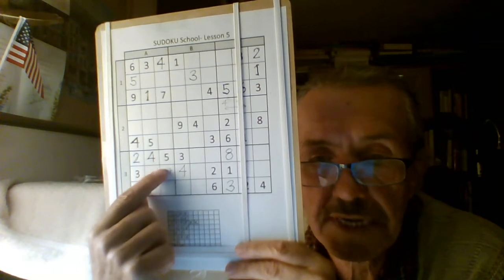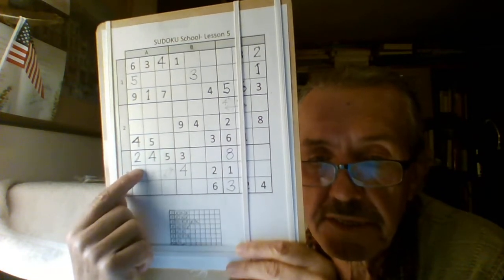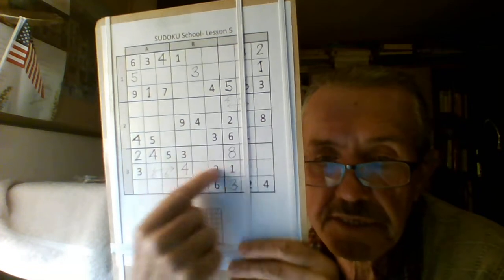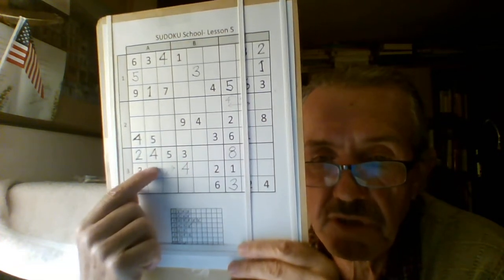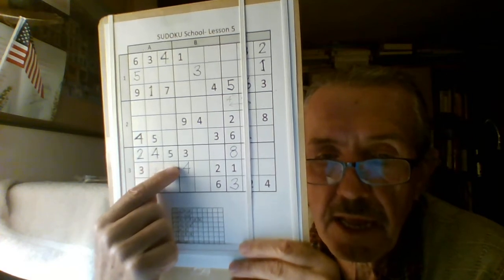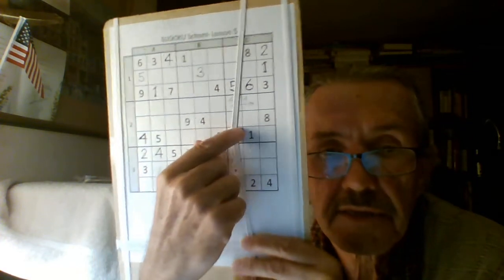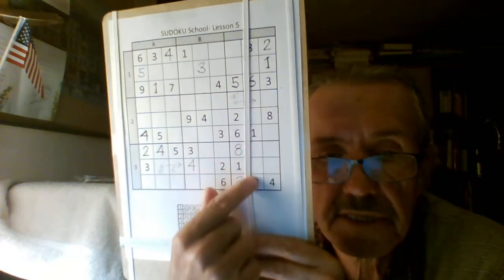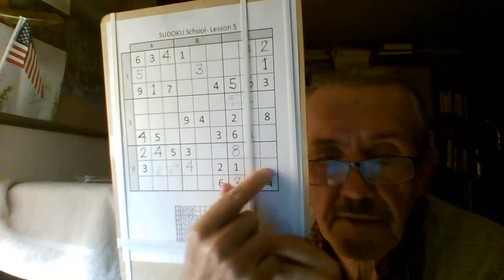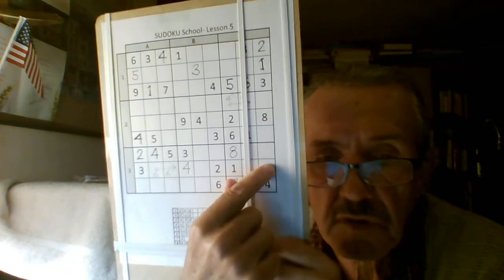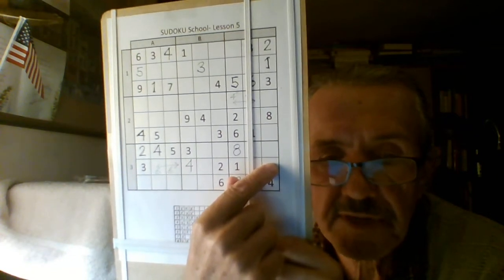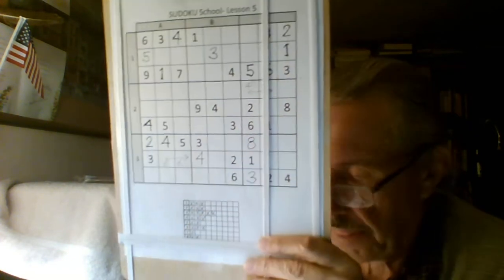We don't know right now which one, but in this row 6 will exist, and 6 already exists in this column. So the one available space for number 6 is over there.